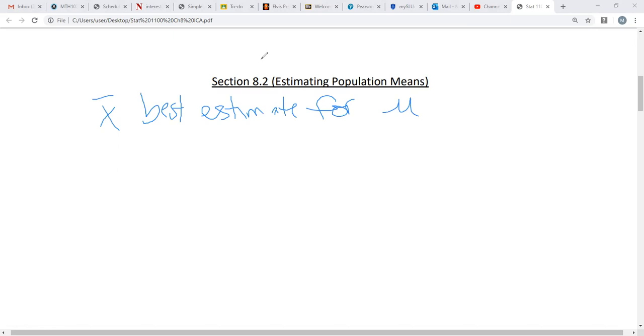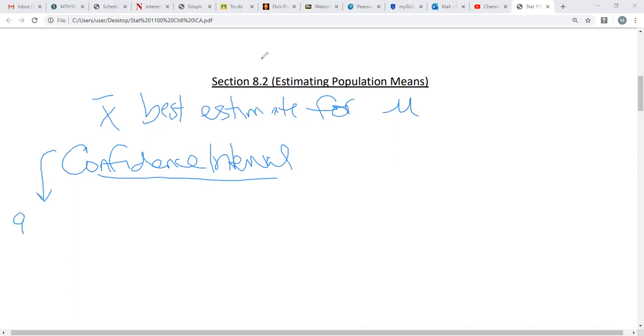So what we do here is we create what is called a confidence interval. In this text and in this class, we're mostly just going to be working with 95% confidence intervals, and I'll explain that a little bit more as we go along.